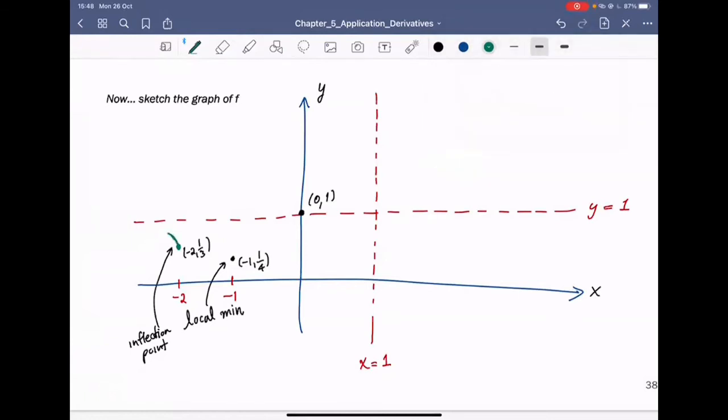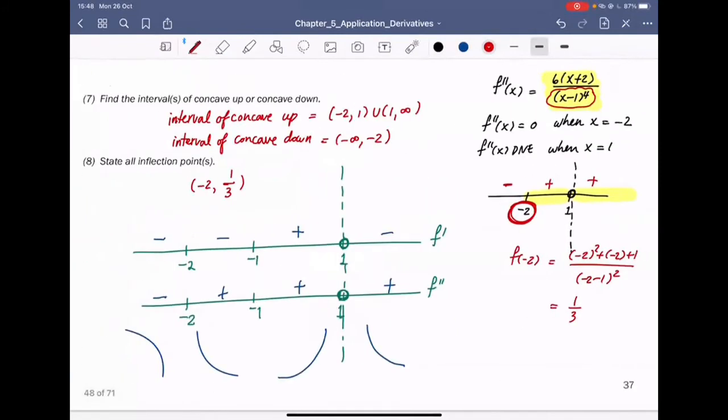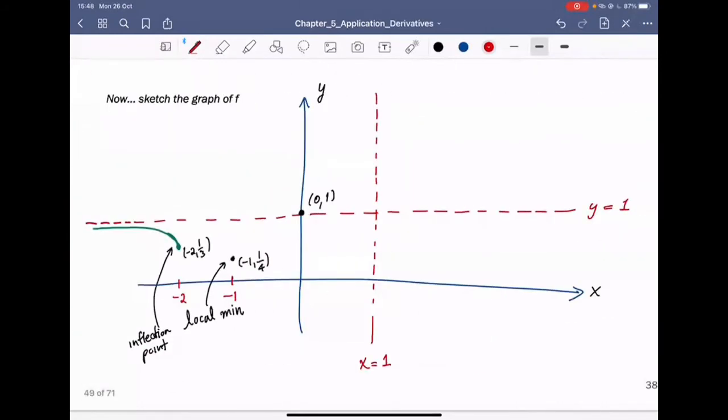However, we have y equal to 1 that controls the behavior as x goes to negative infinity. You cannot touch y equal to 1. So it's going to go close to y equal to 1, but not touch it, which matches decreasing concave down, and then decreasing concave up on the next one.